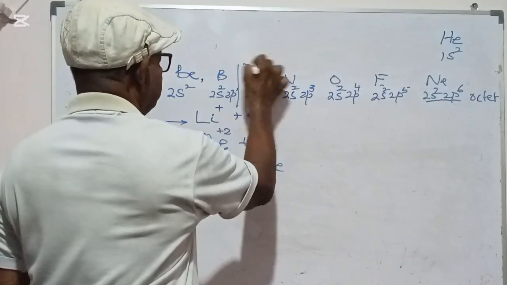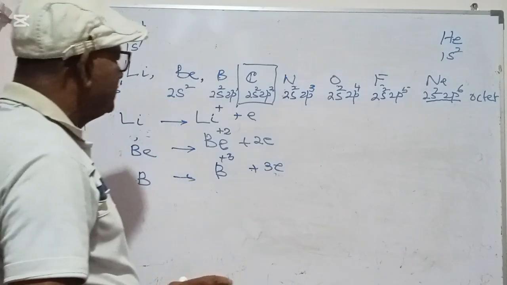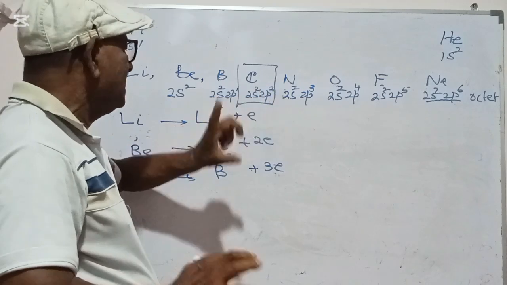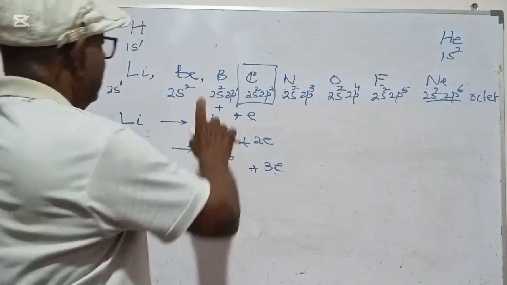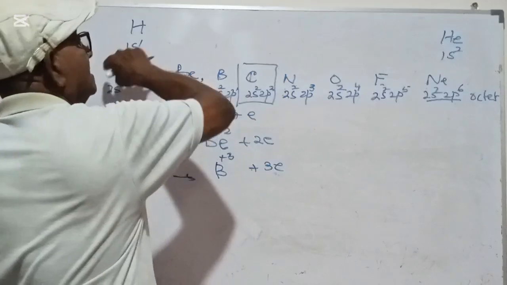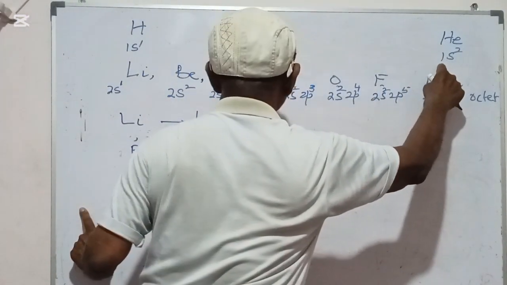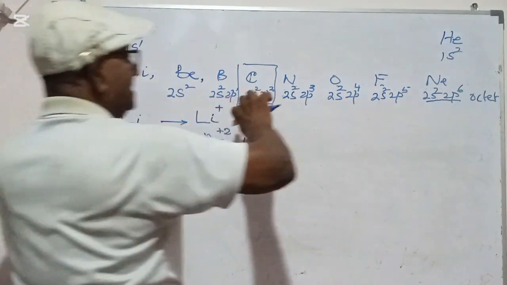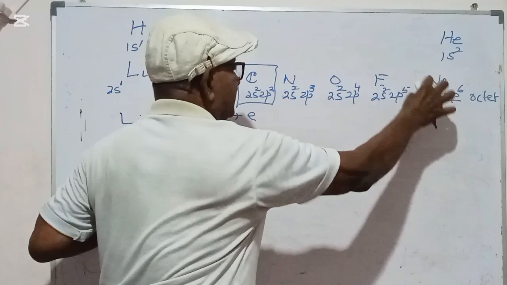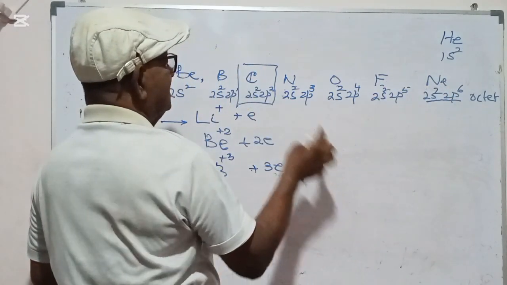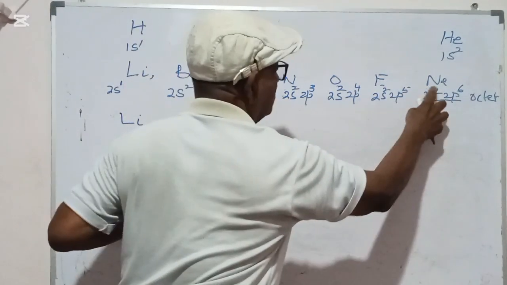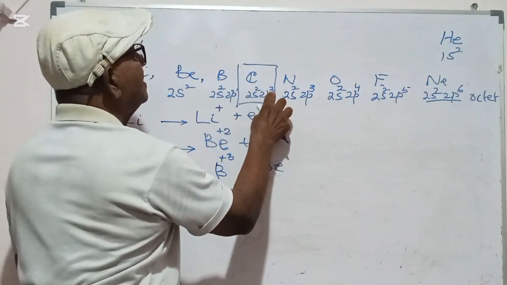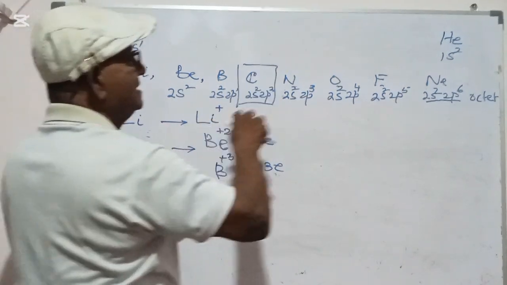Then carbon. How many electrons should carbon remove? It has 2s2, 2p2. It should remove 4 electrons if it becomes the helium configuration. If we want to take the neon configuration, it should take 4 electrons, to go from 2s2, 2p2 to 2s2, 2p6.